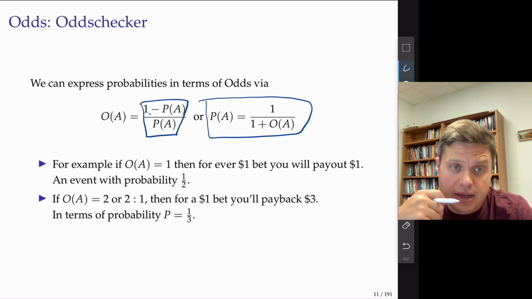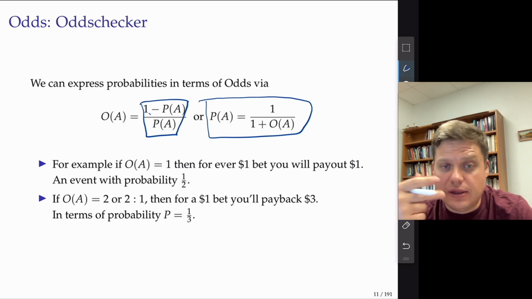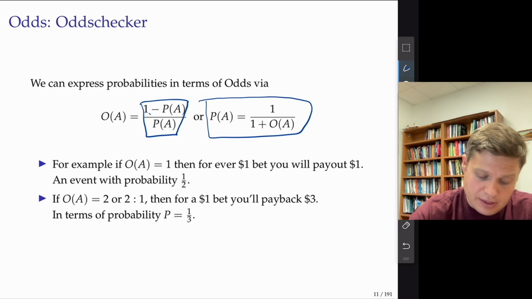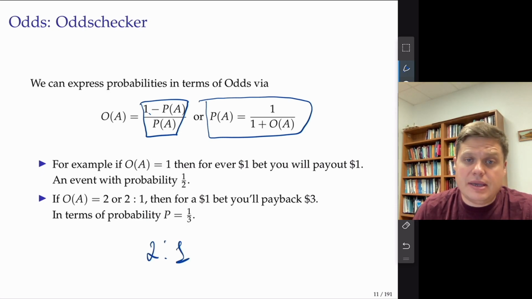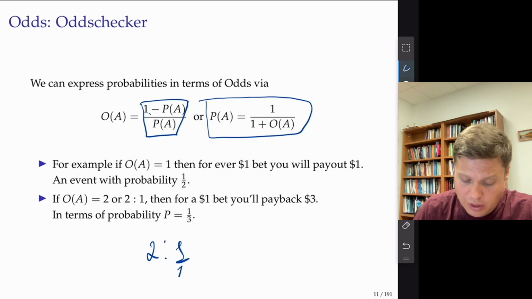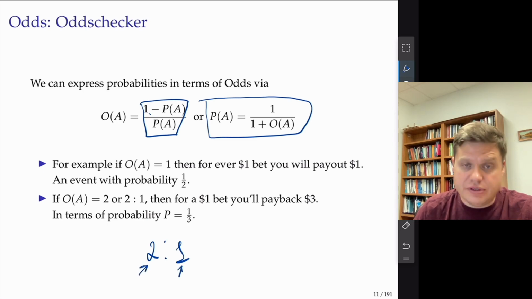So you get $3 back. And then the probability of winning is 1/3. So the way you can interpret odds, for example, if you have odds 2 to 1, it means that if the game is to be played 3 times, then you expect to win 1 time and lose 2 of the times.